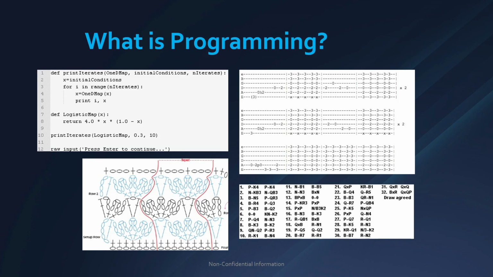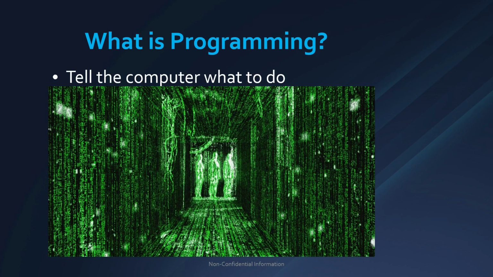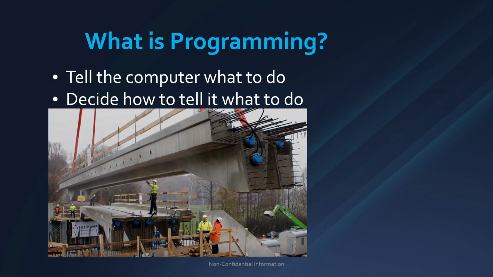So what is programming? Like I said, it's telling the computer what to do. Sometimes programmers will think in that language. They'll filter the world through the language of code. Outside of code, we have to decide how to tell the computer what to do. This is usually much more big picture, bird's eye view, very structural.